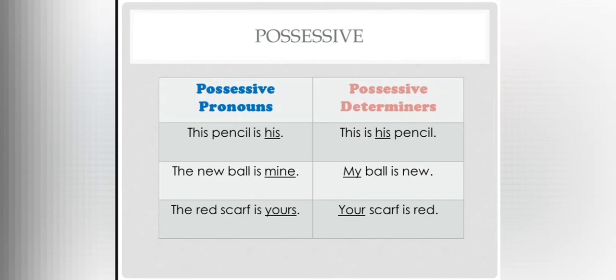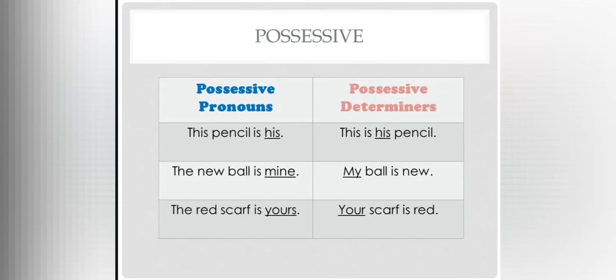There is no noun after a possessive pronoun. Now let's move to examples. First one is, this pencil is his. This is his pencil. These are two examples. Here in the possessive determiner, we can see that pencil is the noun and the word used before it is his. So his is your determiner. So that is your possessive determiner.